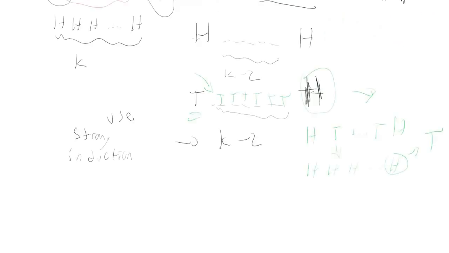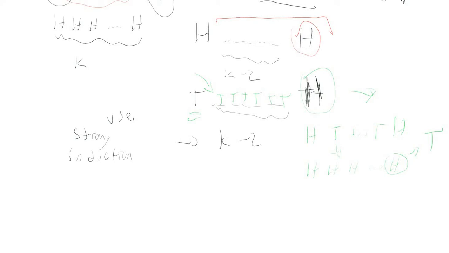Okay, so what about the other case we have to look at? In the other case, we have this k minus 2, where it starts and ends with an H, and then k minus 2 of something in here. So now, it starts with an H, so we can look at this subsequence here, ignoring the first H, because if we're assuming this is always H, then this H will always be ignored.